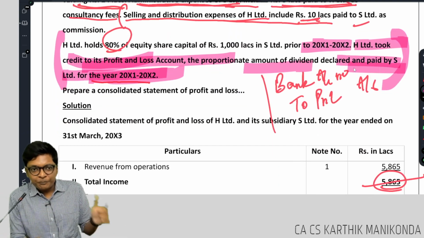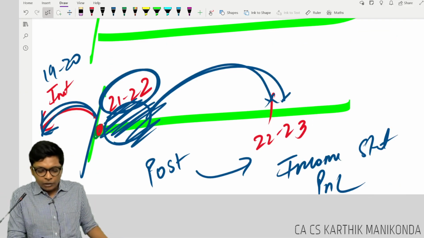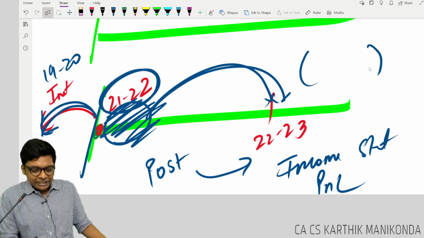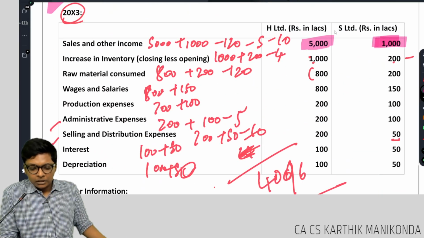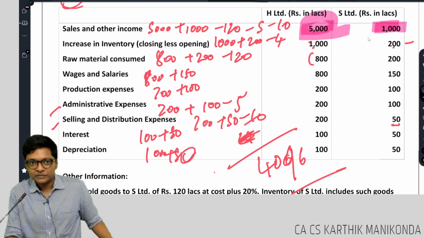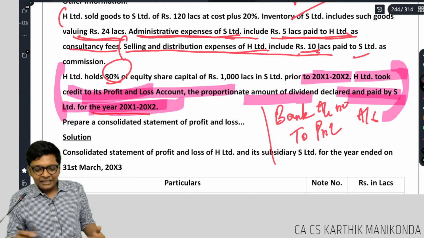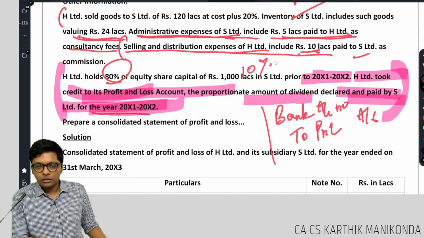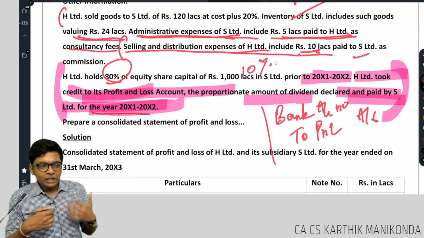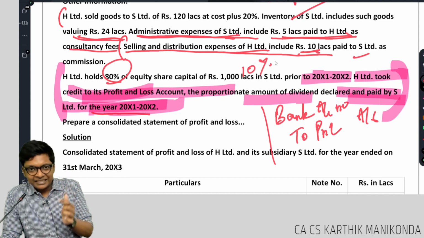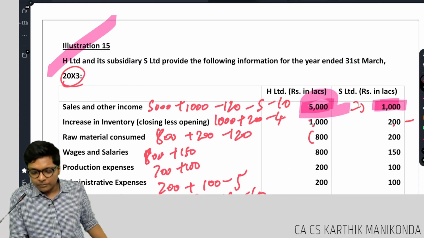Only if you decide it's pre-acquisition dividend, then you have to reduce that from this 5,000. Are you following, guys? For example, if it is pre-acquisition dividend and they give the rate of dividend, let's say 10% on share capital, you will compute that amount of dividend and reduce it from 5,000.